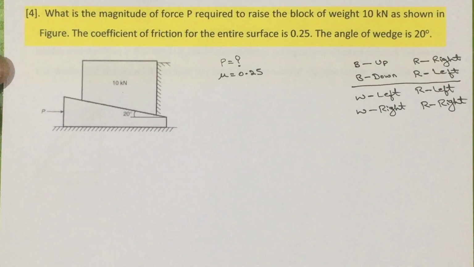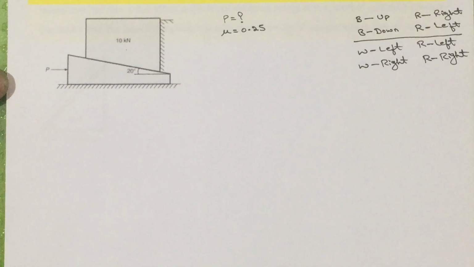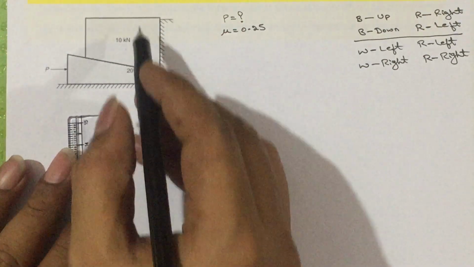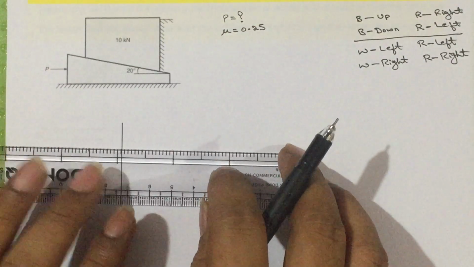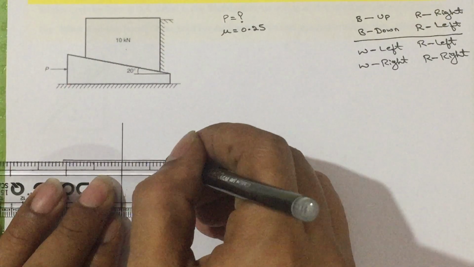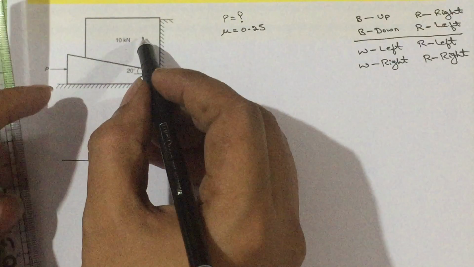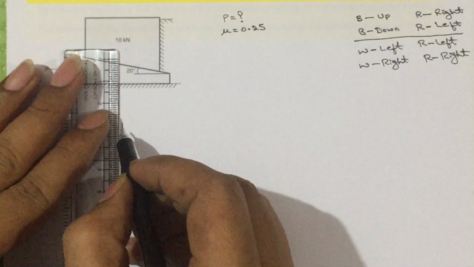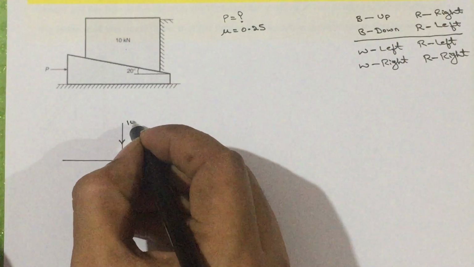Next, we will draw the free body diagram now. Just draw a plus mark for the block. Now, the weight of the block always acts vertically downwards, so it will be 10 kilonewton.